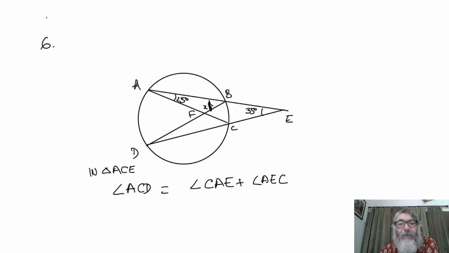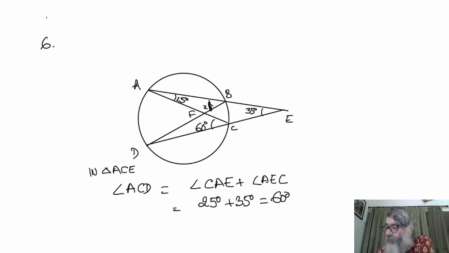So the exterior angle will be the sum of 35 and 25. That will come out to be 60 degrees. So that means this angle becomes 60 degrees.